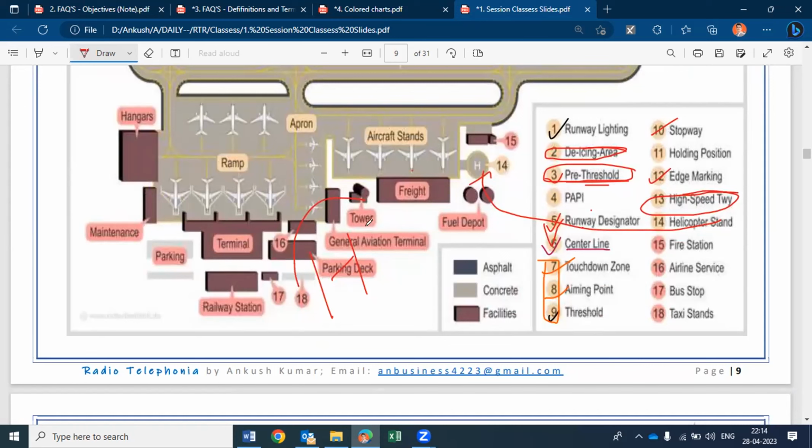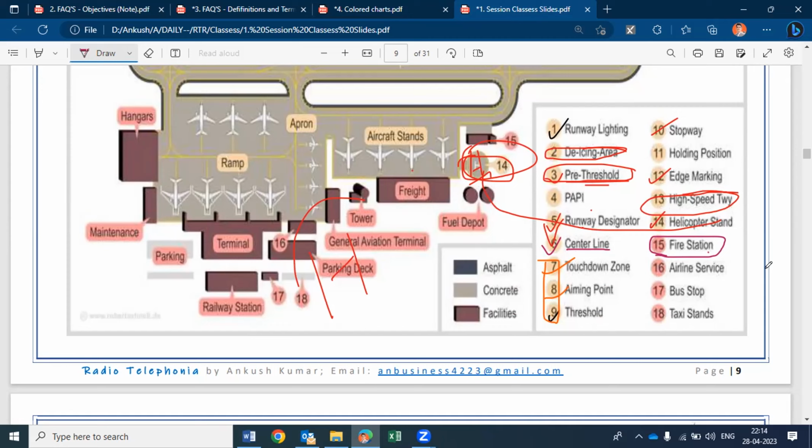Then you may see helicopter stand. This is not a mandatory part of airfield, but you can understand easily. Where a helicopter can land, this is helicopter stand for you, right? Fire station and airline services. You need to understand an airport shall always have a fire station and a QRT and follow me vehicles.